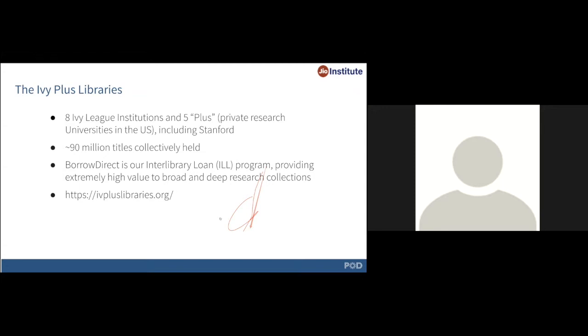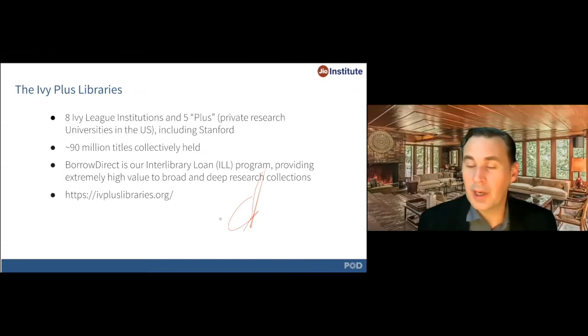And so these are traditionally private schools, highly selective, research-intensive universities. And they're joined by an additional 5 institutions that aren't as old or in the East Coast, but are also very selective, research-intensive, and private. And so that includes Stanford University, University of Chicago, Duke, MIT, and Johns Hopkins.